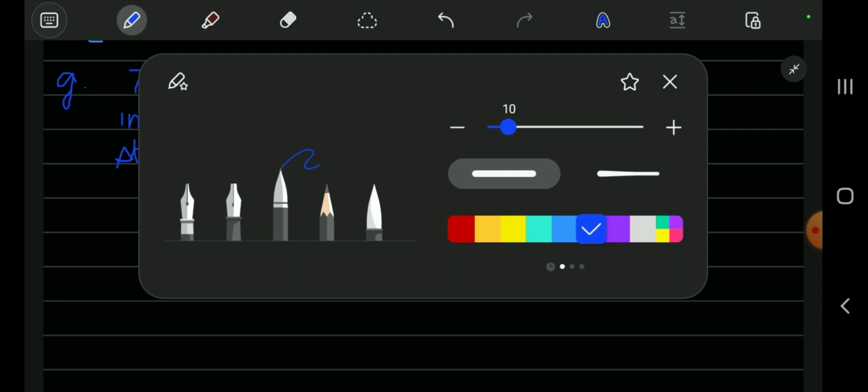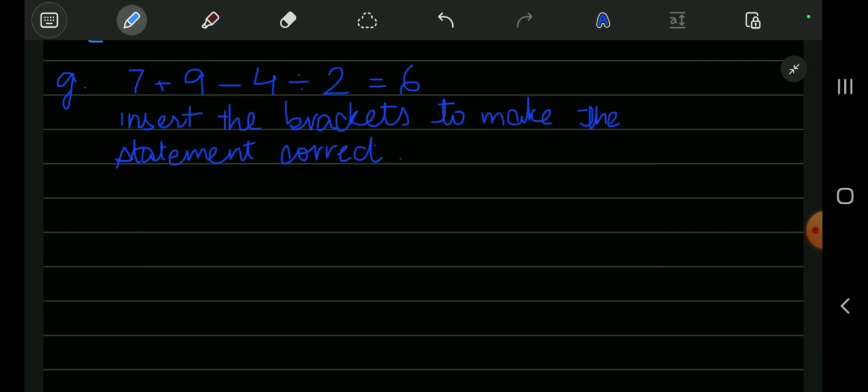So let's try this following first the BODMAS rule, in the same way, using multiple methods. I suggest you do all this in your rough work initially when you're practicing, so that you don't go wrong anywhere. So first write the statement: 7 plus 9 minus 4 divided by 2.